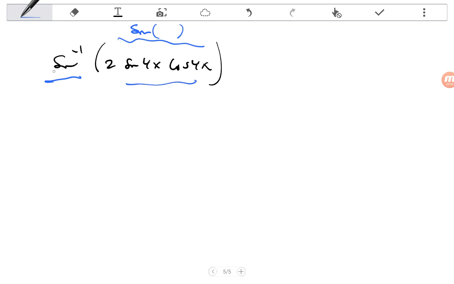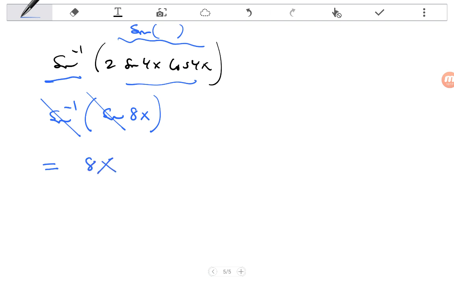Can I put this expression in a sine of something? Yes, sine double angle. This is exactly the expression of sine double angle. So that will be sine of double the angle, which is 8x. This will cancel the sine inverse, and the result will be 8x.